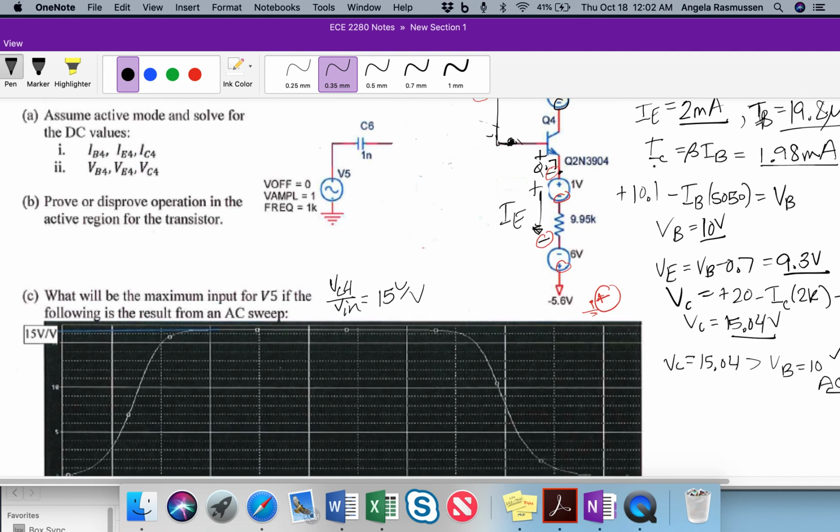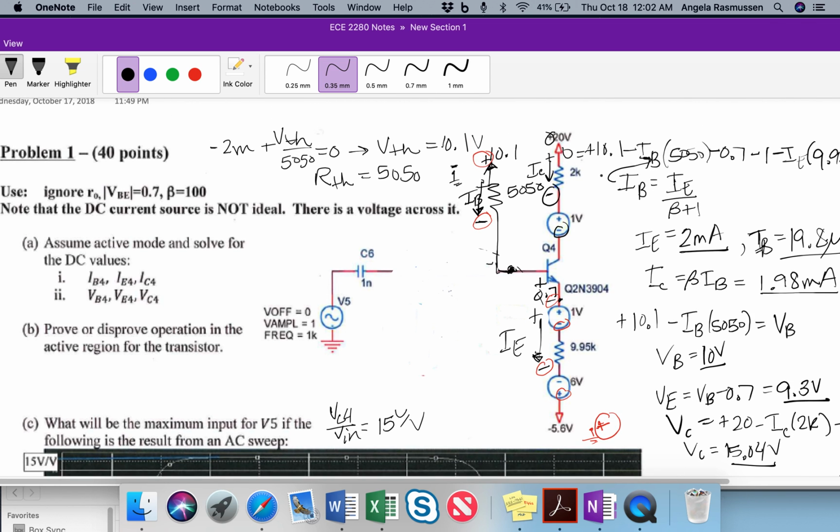We notice here that the voltage VC can't be higher than the supply voltage on this side, and in this case 19 would be the max we could have there. So VC has to maintain a range between VB and the supply voltage.